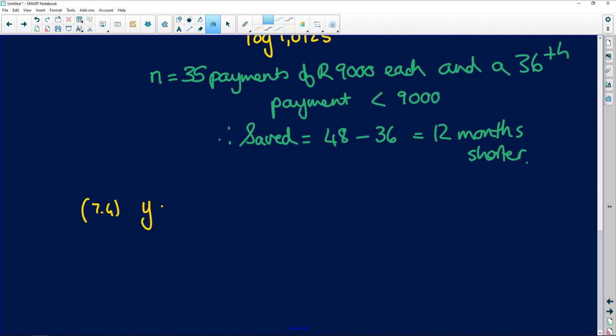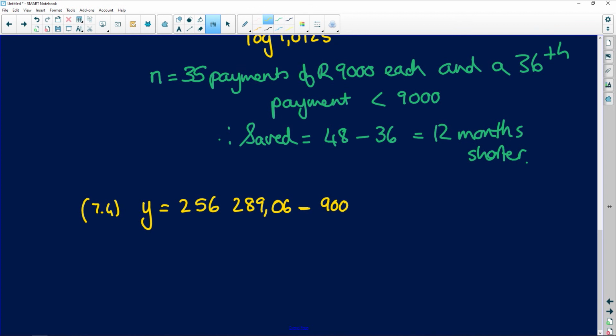Our final payment is the present value of this loan, which is 256,289,06 minus the present value of all those 9,000 Rand payments. Okay, so it is 9,000. We take it back, 1 minus 1,0125.